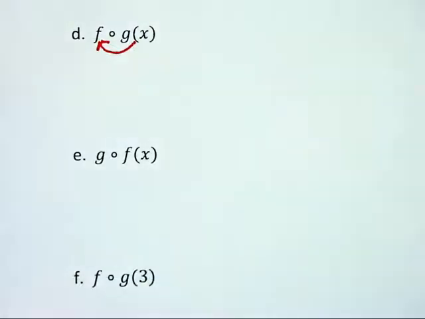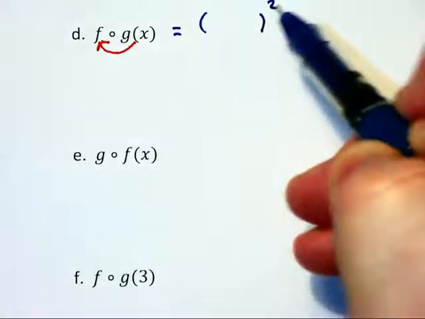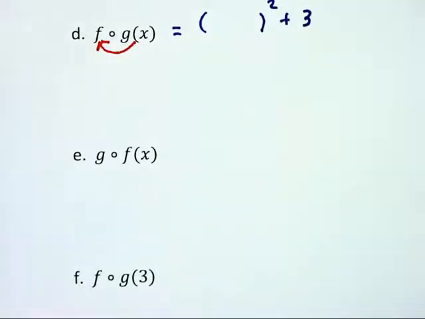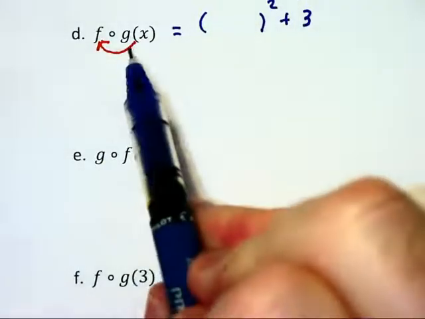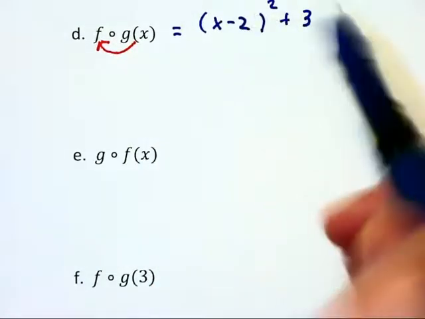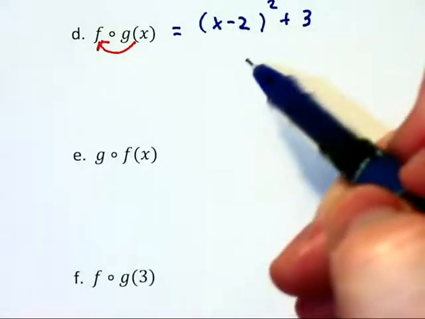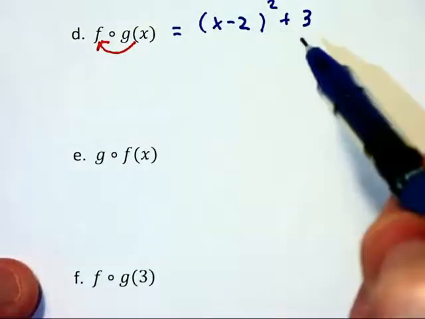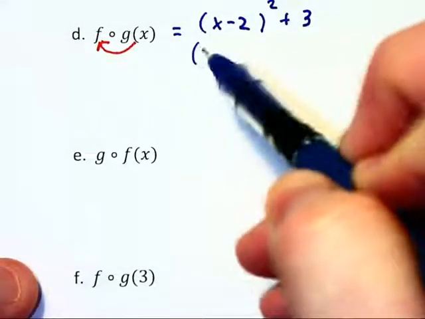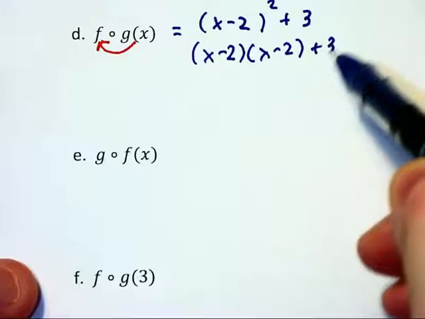Now if you think of function f as saying, I am input squared plus 3, that is x squared plus 3. The input is g of x, which is x minus 2. So x minus 2 gets substituted into the other function. And so what we have here is, well, let's FOIL this out. x minus 2 times x minus 2 plus 3.